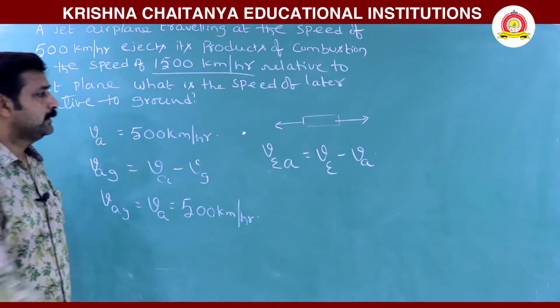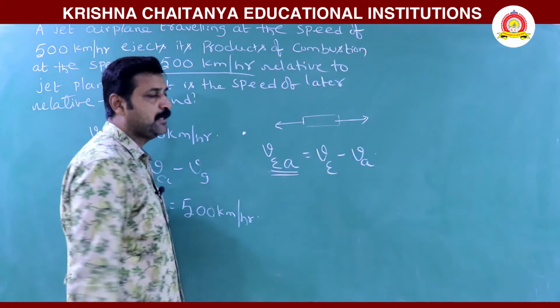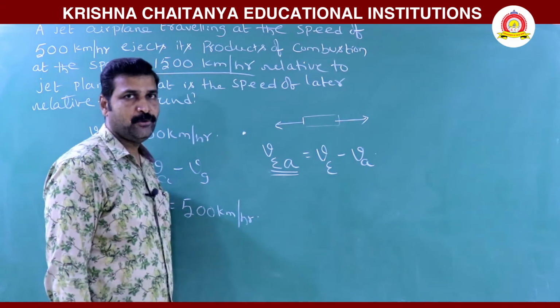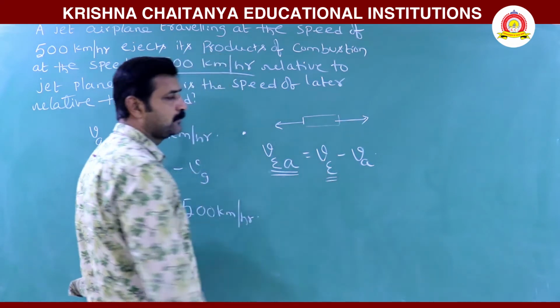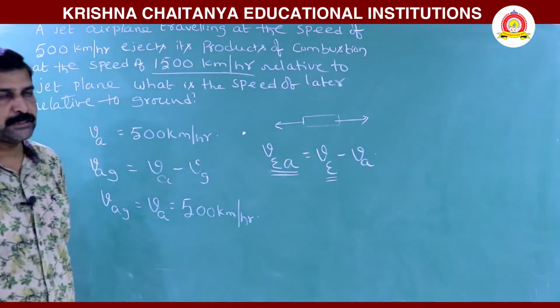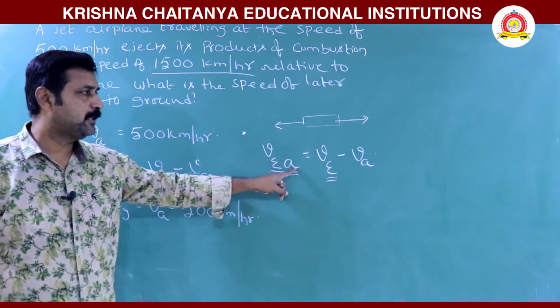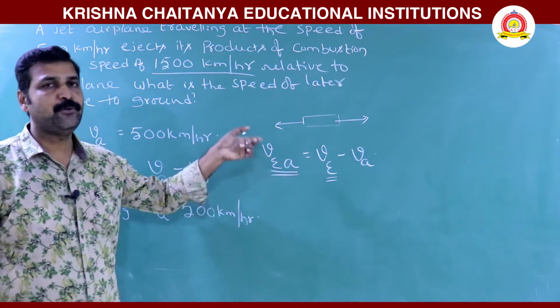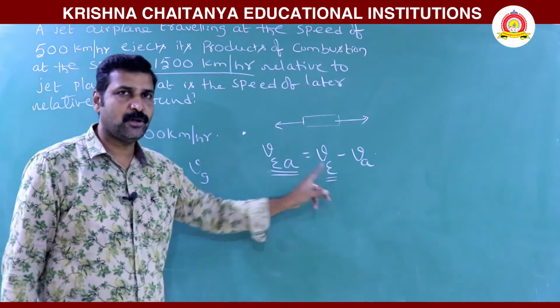Now this was given: the velocity of exhaust gases with respect to aeroplane. And you are asked to find the velocity of exhaust gases with respect to ground.